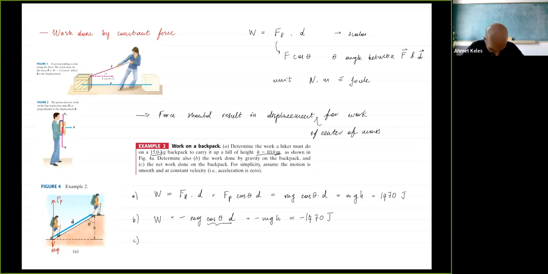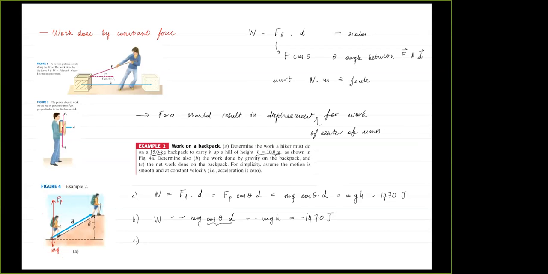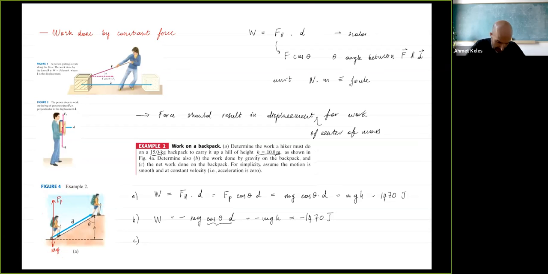Thank you. Hocam, I have a question. How did cosine theta times d become h? Yeah, that's a little bit confusing, right? So here's the triangle I am looking at. This is the theta, which was confusing because I used this theta to project F along this direction, and this same theta to project mg to this direction.